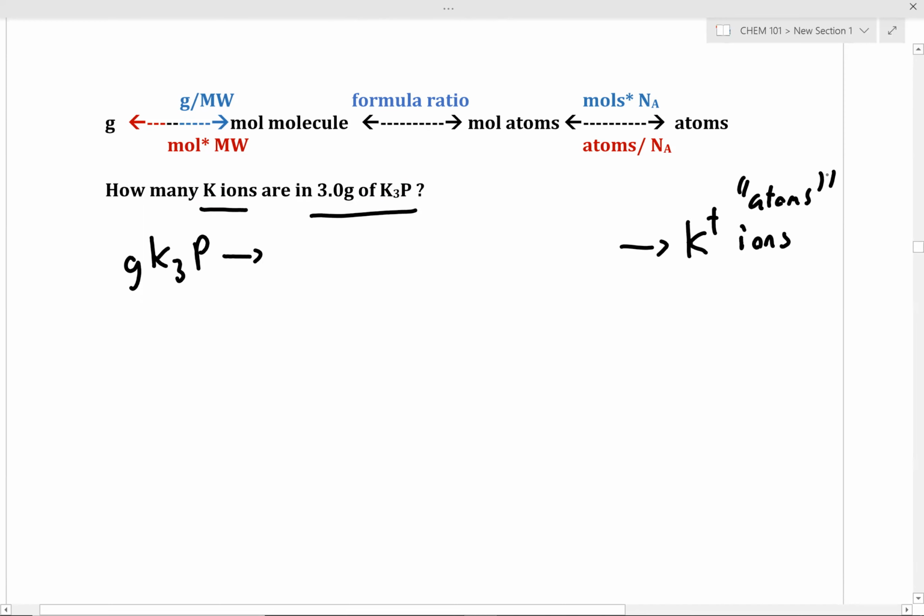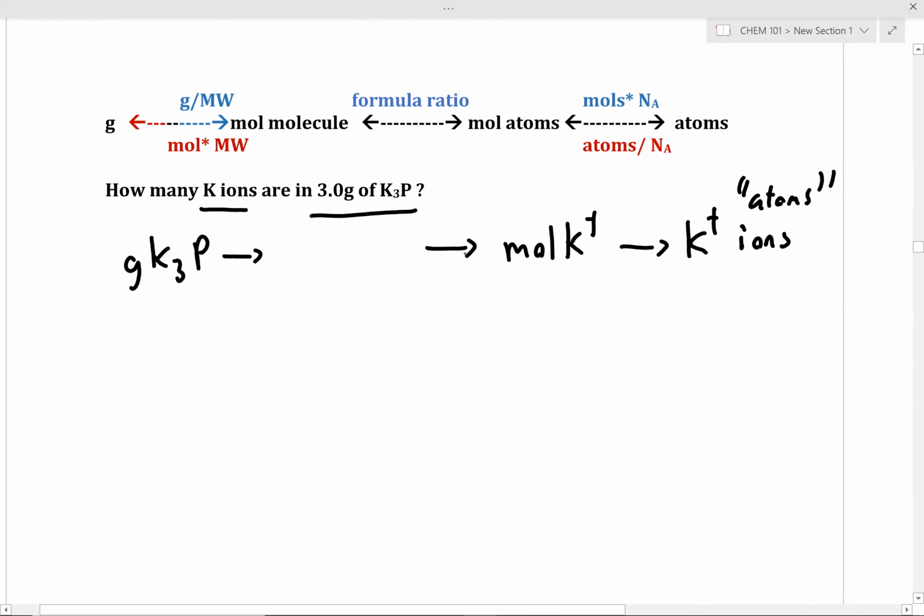Now, where do we calculate atoms from? Avogadro's number, and what units do we start from? Where do we get atoms from? Yeah, 6.02, that's Avogadro's number, but it allows us to get atoms from what starting point? From moles. Yeah, exactly right. So we're gonna need the moles of potassium plus.